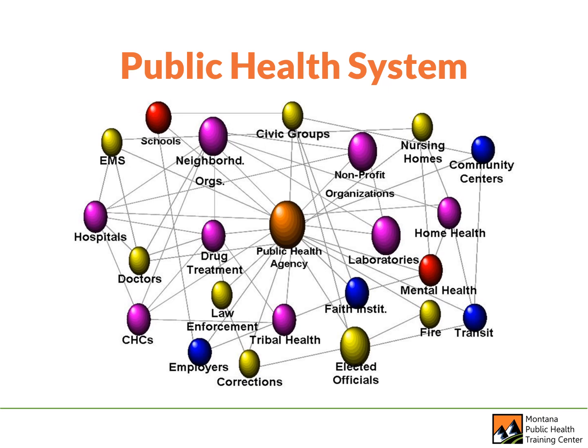When people think about the public health system, they think about public health agencies, whether they be local, state, or federal. But when we talk about the public health system, it incorporates many more groups as demonstrated on this diagram, from schools, emergency response, hospitals, doctors, law enforcement, tribal health, corrections, lab, home health, nursing homes, nonprofits, civic groups, fire, mental health, faith-based institutions.